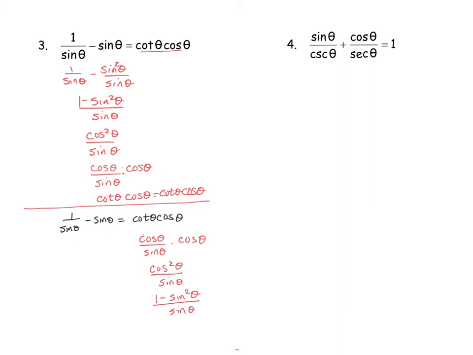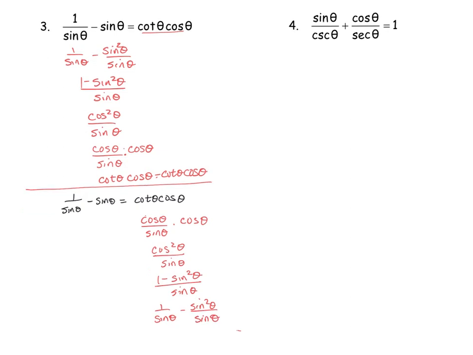And now I can separate it, 1 over sine minus sine squared over sine, which ends up being 1 over sine minus sine. And that equals 1 over sine minus sine.